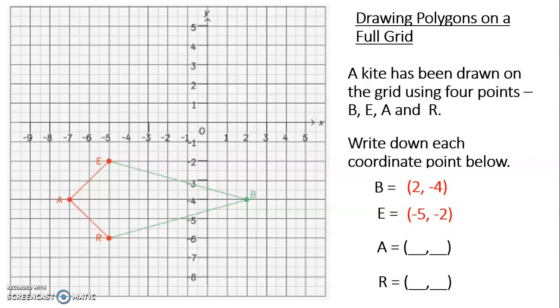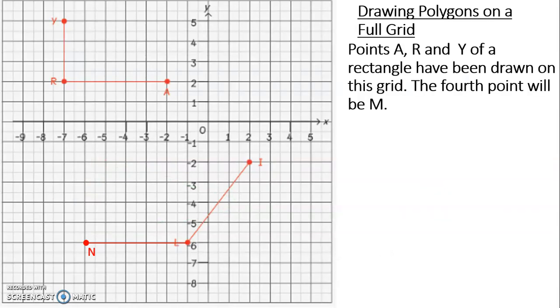Do we need to go up or down the stairs? Yes, we go down to -4. -7, -4. And R. Starting at 0, are we going along the corridor? Yes, to -5. And we go down the stairs to -6. -5, -6.